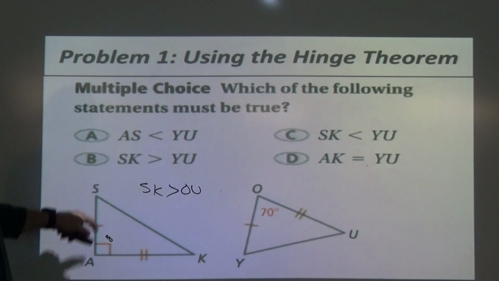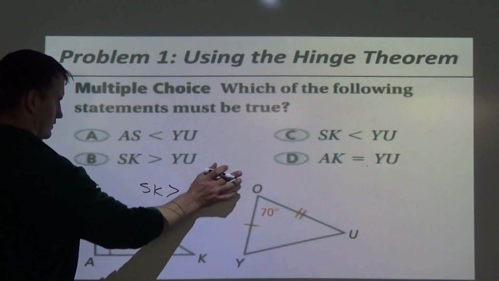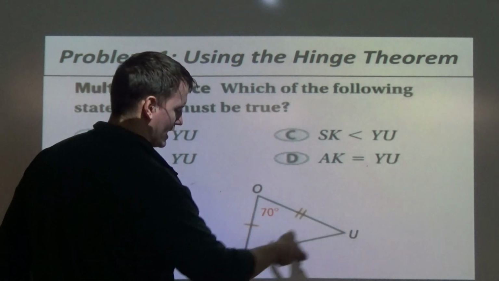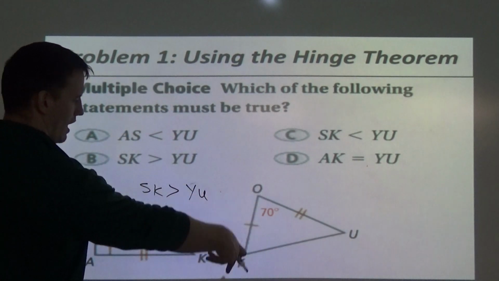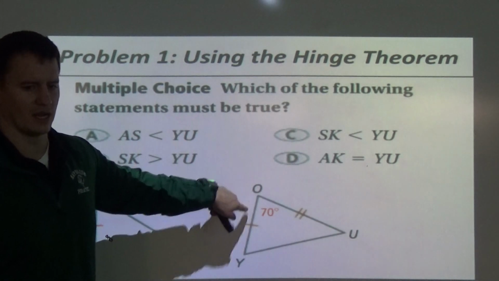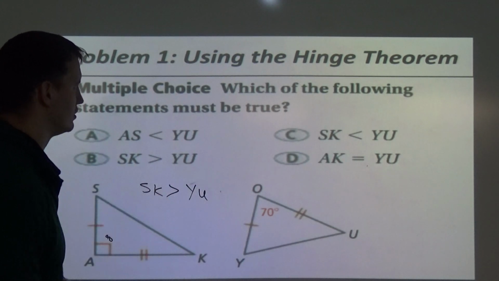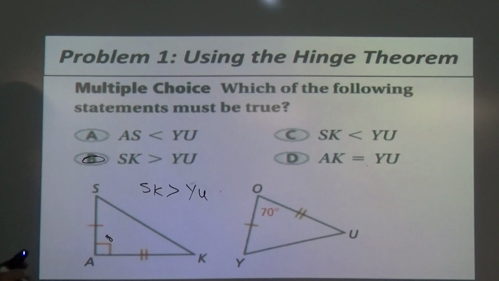Which one of those matches that? Not OU, sorry guys, the triangle's been shifted on me. YU, not OU. YU is the one that's opposite that included angle, that hinge. So SK larger than YU, it should be B.